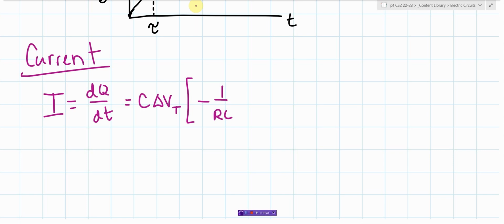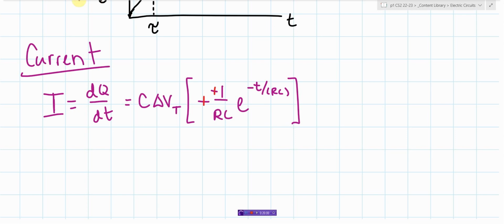So I've got minus, and then the derivative is 1 over RC, e to the negative t over RC. Negatives cancel.